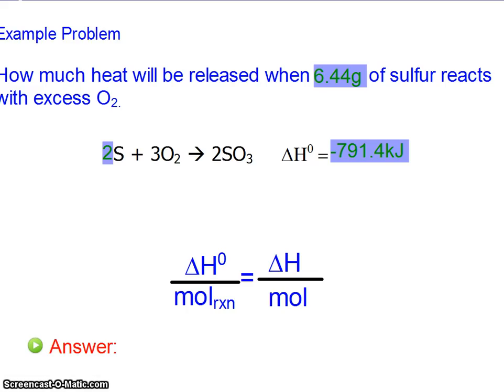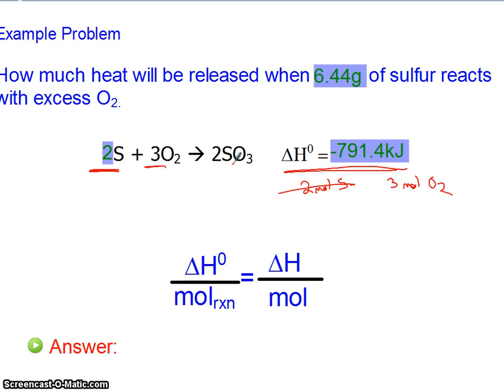So we're given a reaction that shows that sulfur reacts with oxygen to make sulfur trioxide, and we're given a delta H of negative 791.4 kilojoules. This delta H here can mean that it's either per 2 moles of sulfur, because there are 2 moles in the reaction. If we were looking at oxygen, it could be per 3 moles of oxygen. If we were instead looking at sulfur trioxide, it could be per every 2 moles of sulfur trioxide.